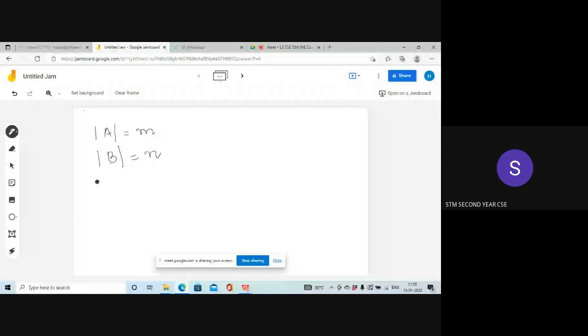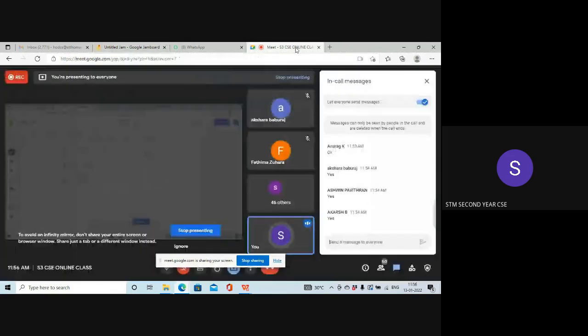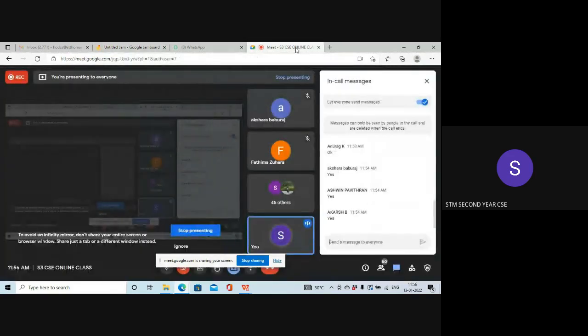So what will be the cardinal number of A cross B? If A has m elements and B has n elements, how many elements will be there in A cross B?